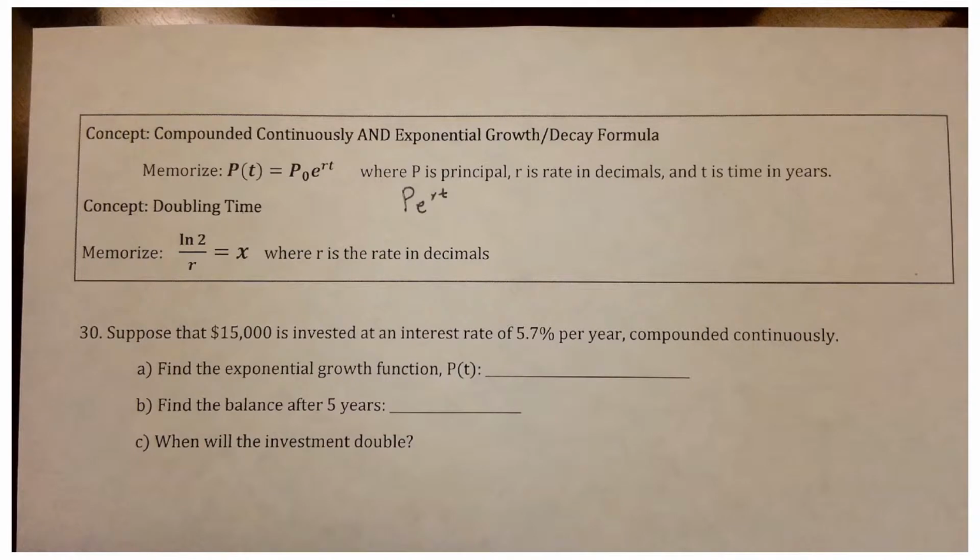The other concept you need to know is doubling time. Doubling time allows us to calculate how long it would take our money to double. And regardless of how much money you start with, the only thing that comes into play when we're talking about doubling time is the rate. So this is why people get really excited or really try to get interest rates that are very low for mortgages or very high for investments, so that they can double their money quicker or pay off their mortgage quicker.